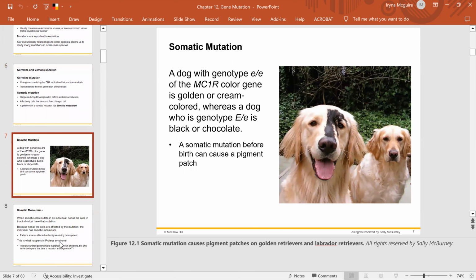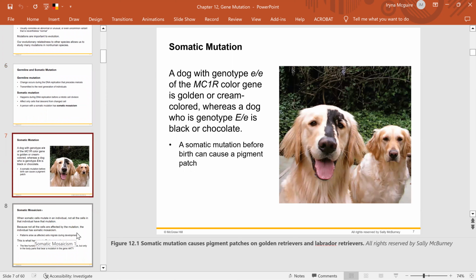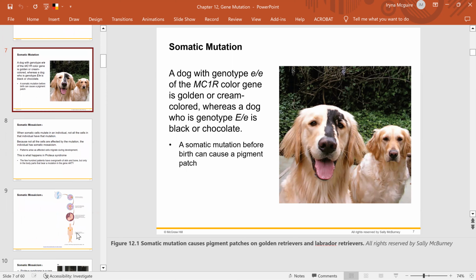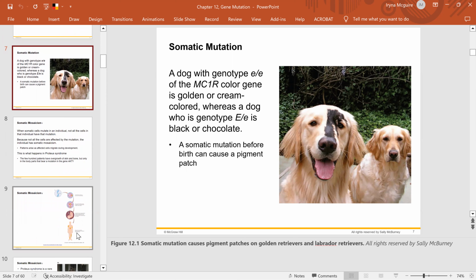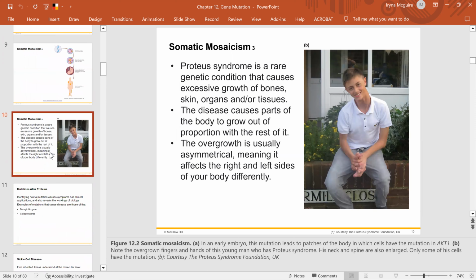We also said that mutations can be somatic or germline. Somatic mutations affect the cells after fertilization, and germline mutations affect the formation of gametes, eggs and sperm. We described what somatic mosaicism means, right?